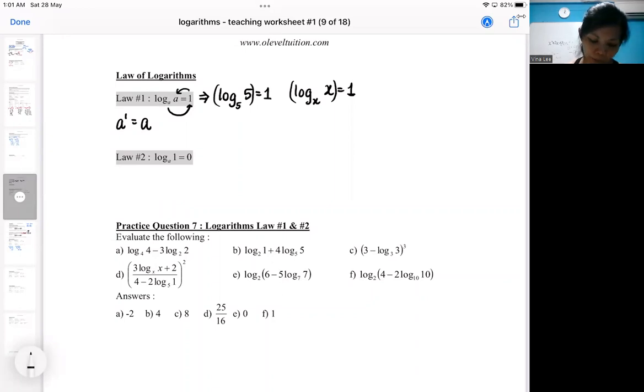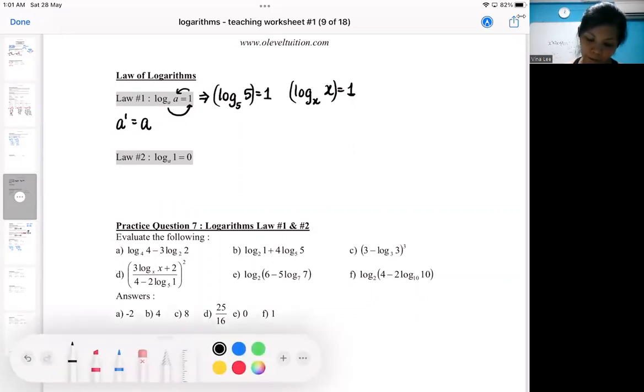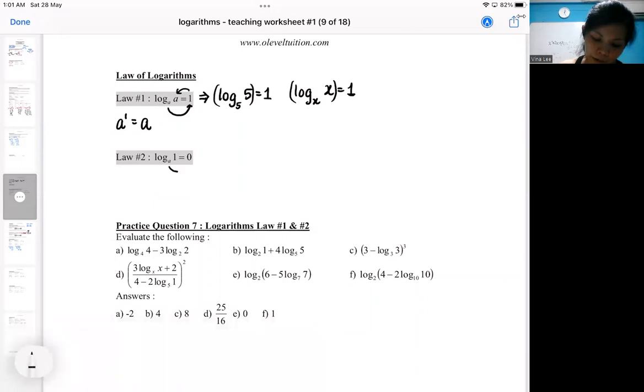For rule number 2, it actually came from one of your indices rules. If you still remember, a to the power of 0 is 1. So that was the indices rule, and that creates another logarithm rule.